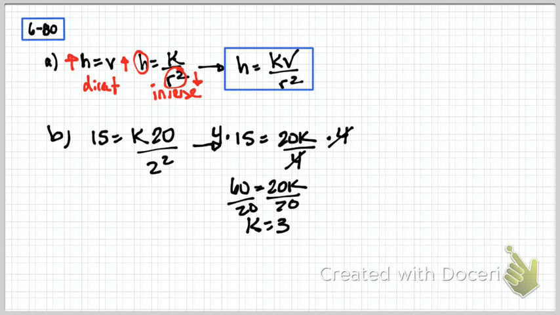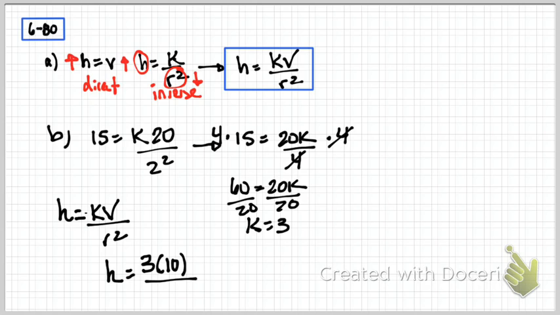Now that we know that K is 3, we can go back to our original equation. H equals KV over R squared. And we substitute in 3 for K. This would be 3 times our volume 10, all over our radius, with a radius of 3, squared.